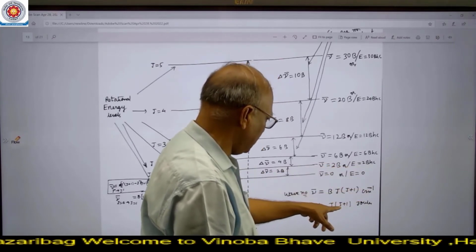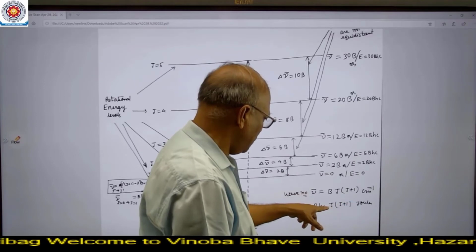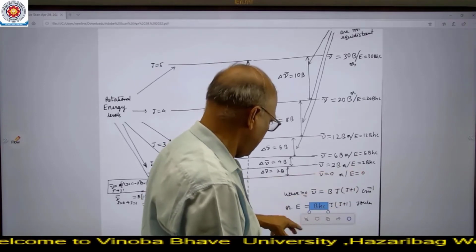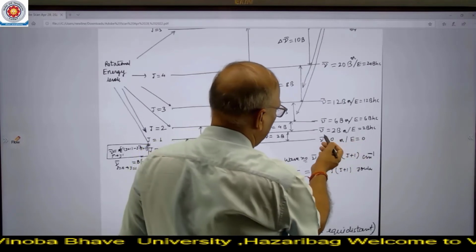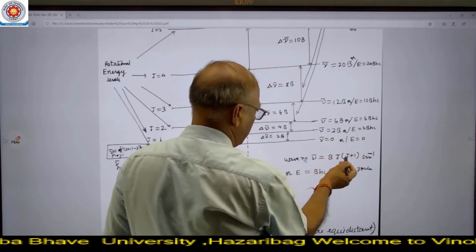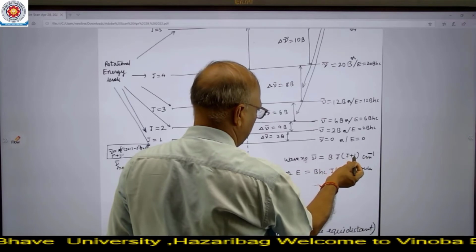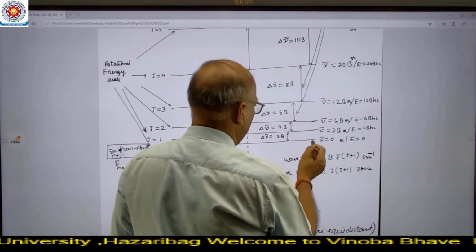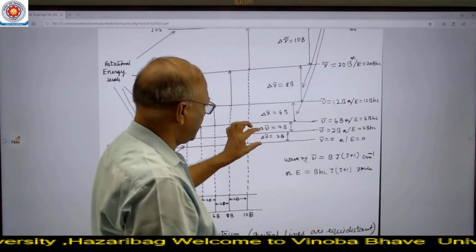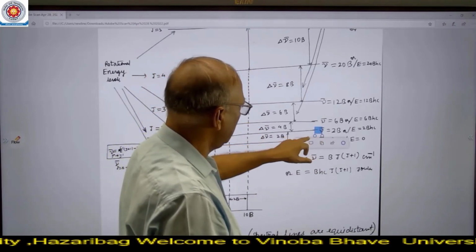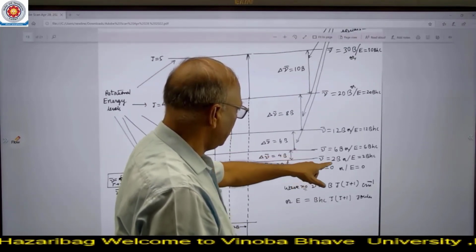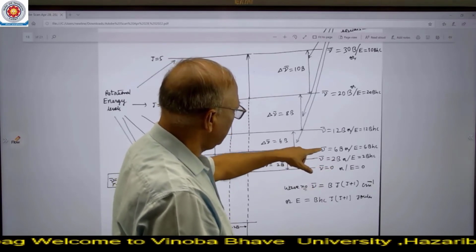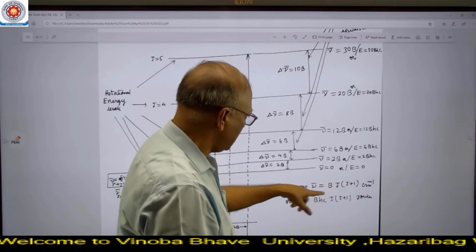If we put 1, then 1 plus 1 is 2, so 2Bhc, and here it becomes 2B, because we put 1, so 1 plus 1 is 2, into 1, so 2B. Now if we take the difference between these two energy levels, 2B minus 0, it is 2B.